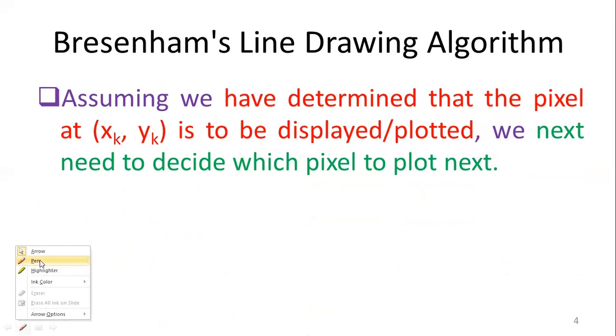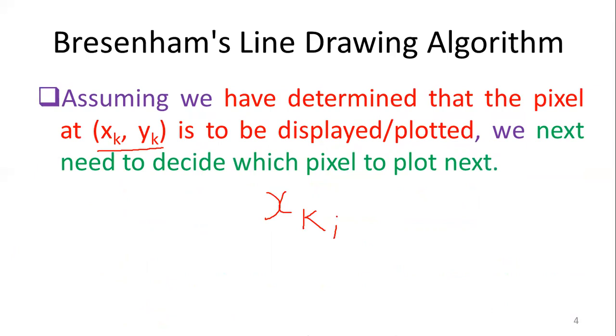Now, one important point. Imagine that we have plotted a pixel at xk, yk. My question is this: what will be the coordinates of the next pixel to be plotted?